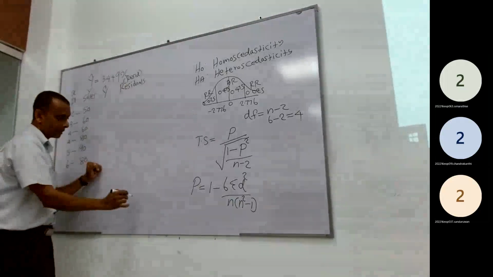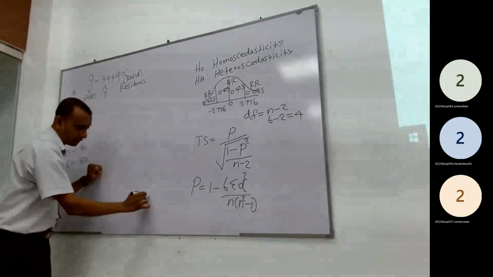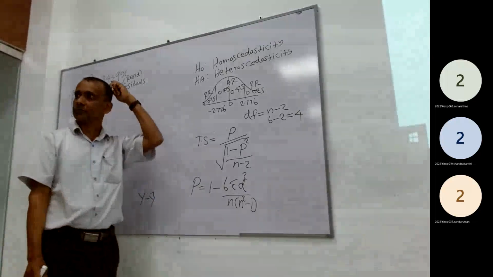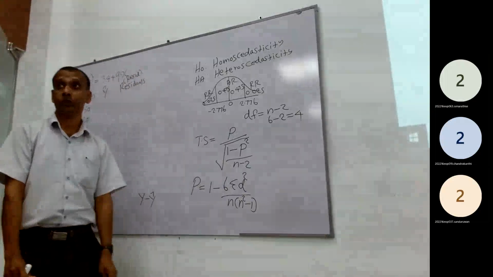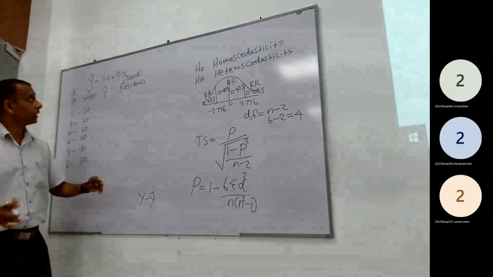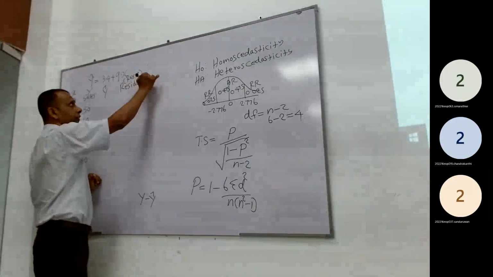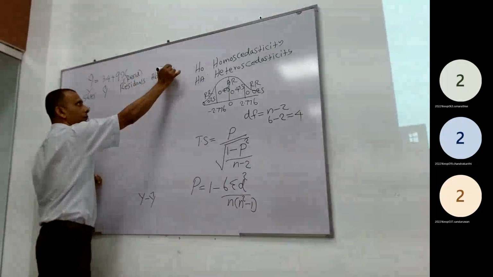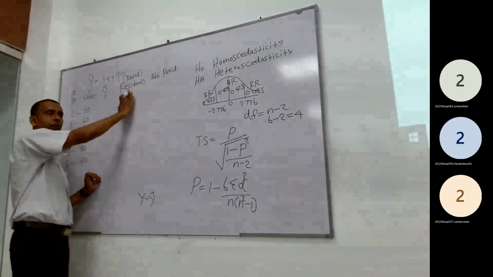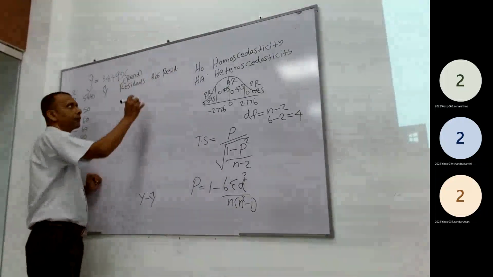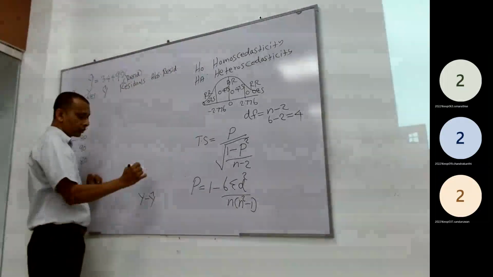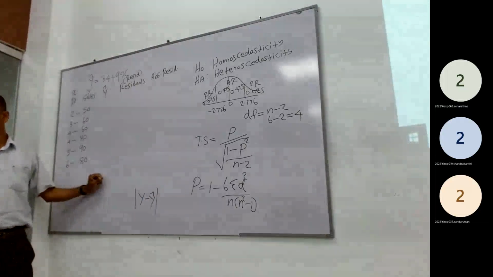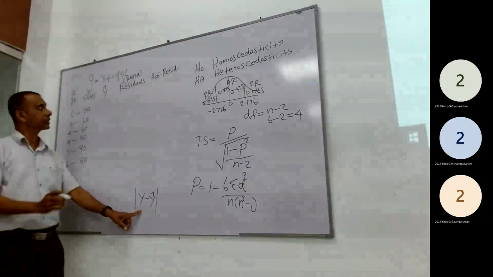Because residual means y minus y hat. Residuals will be both positive and negative. We take the absolute value of residuals, the modulus sign, so there is no need to worry about negatives.